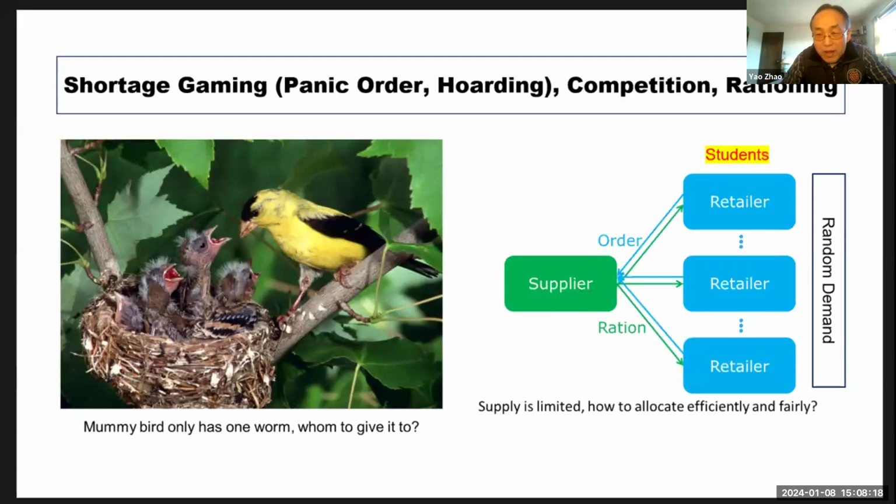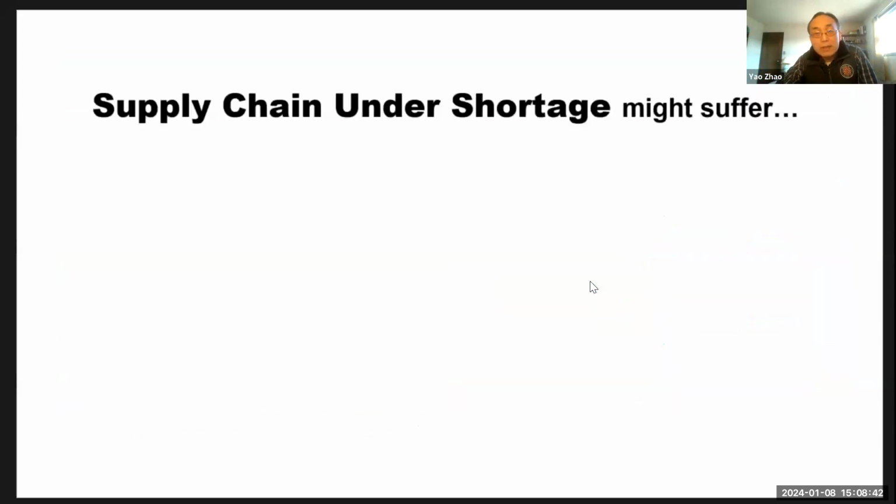Now, in this game, students play retailers sourcing from one supplier. They place orders, and the supplier provides a ration if demand exceeds the supply. The question is how to allocate the limited supply fairly and efficiently. Under supply shortages, allocation or rationing rules become very important.